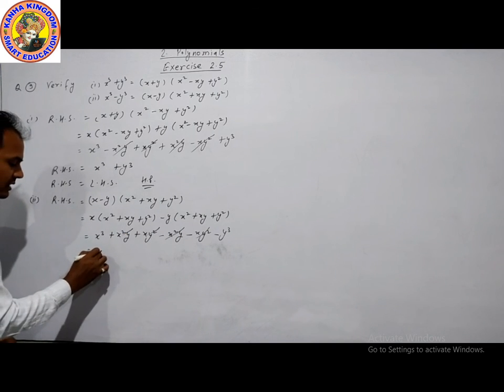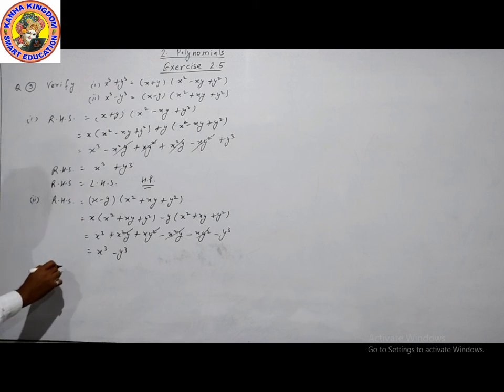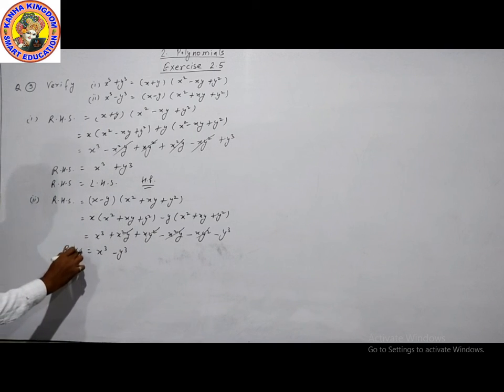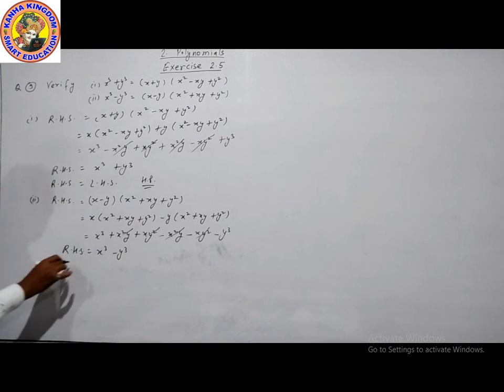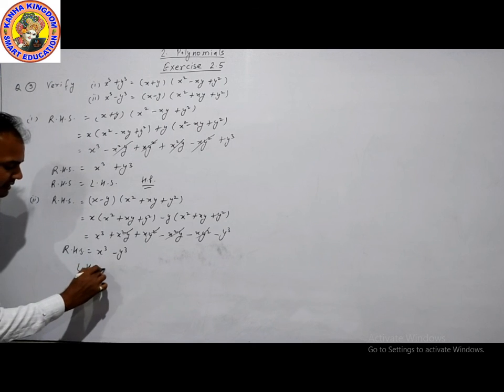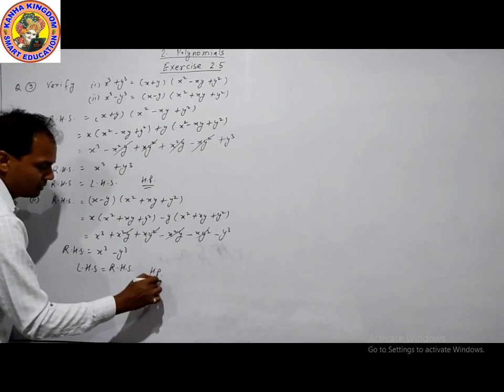The remaining terms are x cube minus y cube, which is our left hand side. So the left hand side is equal to the right hand side, hence proved.